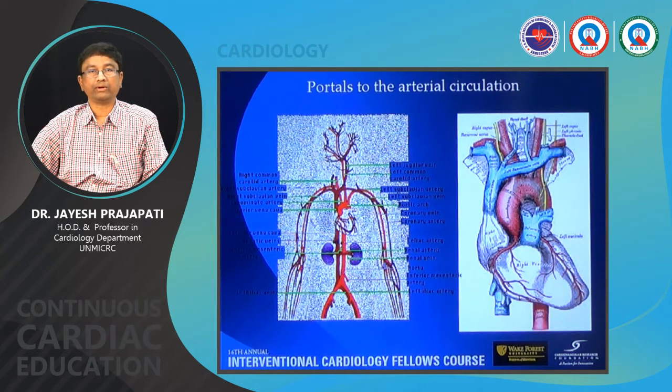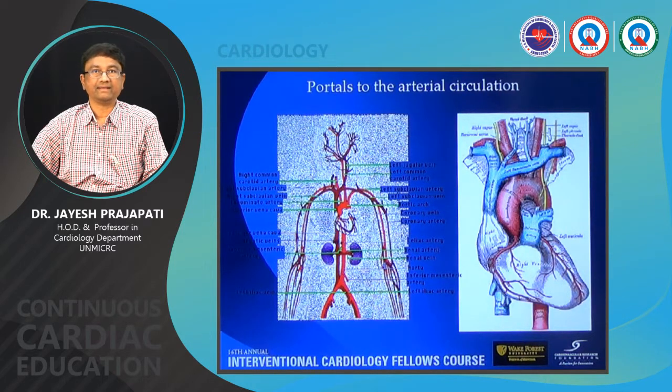So, arterial circulation and various accesses. The common access we are using is transradial access, another is femoral access, and then I'm going to discuss ulnar access, brachial access, and some other accesses that we take in special situations like children or neonates.